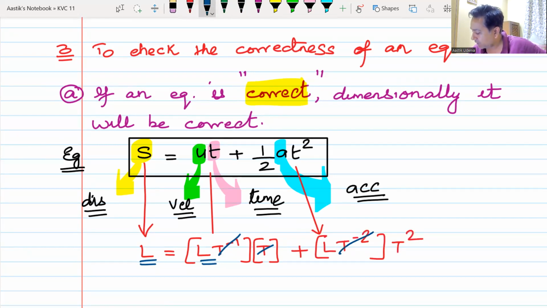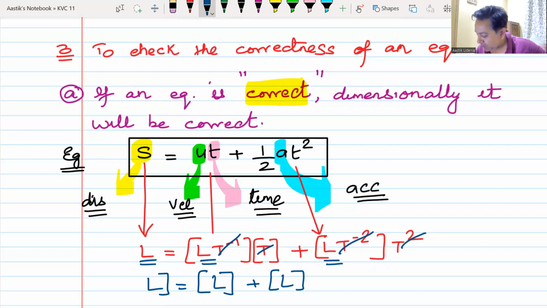Again, what will happen, my dear friends? You will again have L. L will be equal to L plus L. Do not think of it as the values, think of it as dimension. Are you getting my point, bacha? Yes or no? So what we understand here is, if an equation is correct, dimensionally it also would be correct.